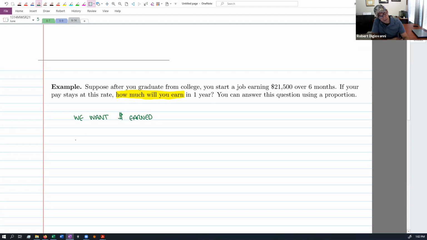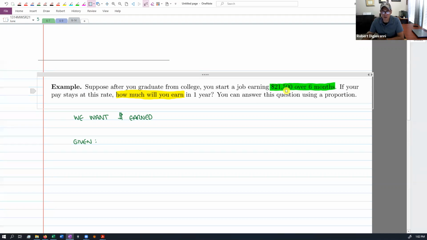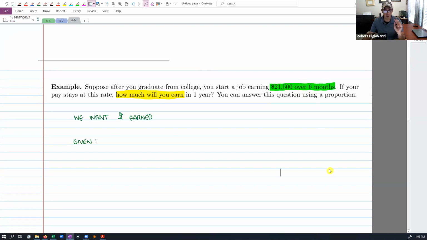Now, what are we given? We're given in the problem a ratio, okay? And this is where things are important as far as being able to do harder problems. The ratio we're given is that we make $21,500 every 6 months. Now, that is a ratio, and there are 2 ways to write that ratio, okay?